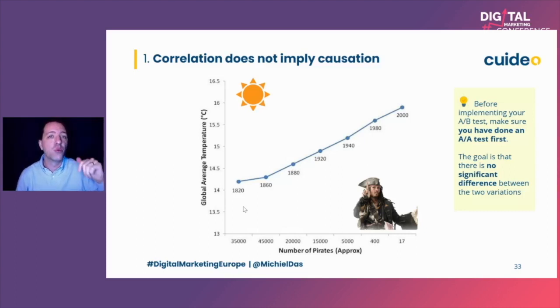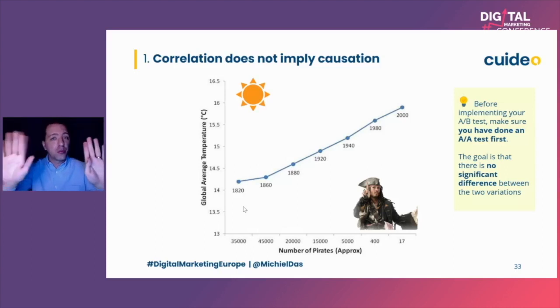Before starting with your A/B testing, it also always makes sense to first do an AA test, which means we're going to use the same website or the same page. Instead of using an A/B test where the B version is different, in the AA test half of the people will see version A, and the other half will also see version A. You might be asking, why would we do that?